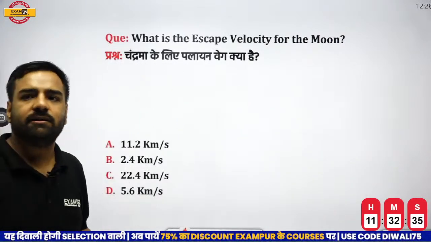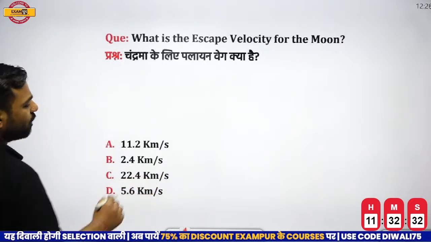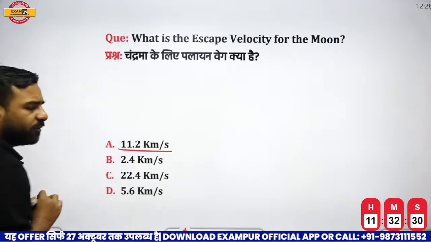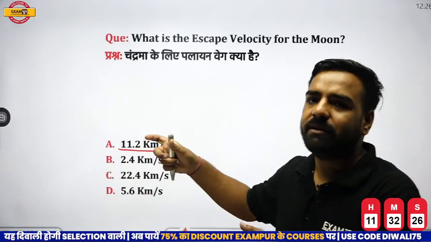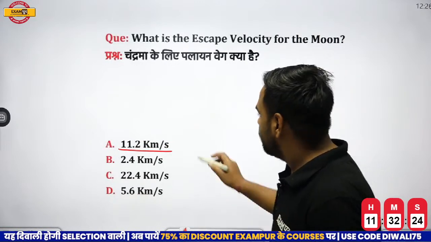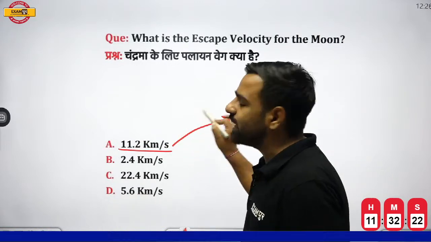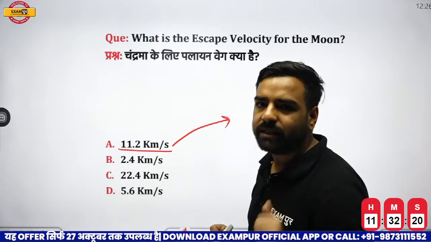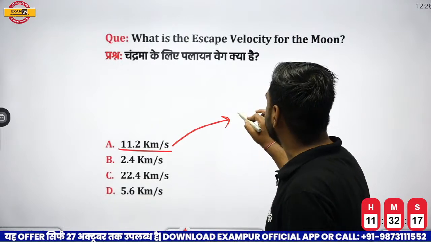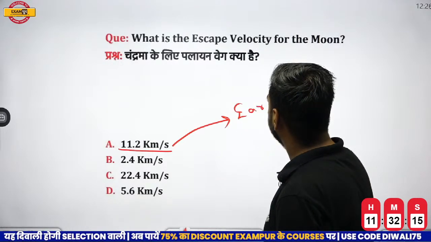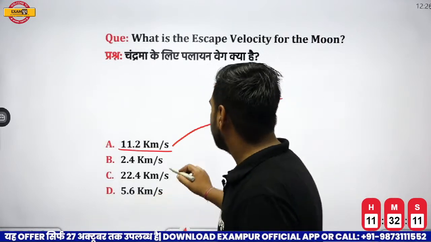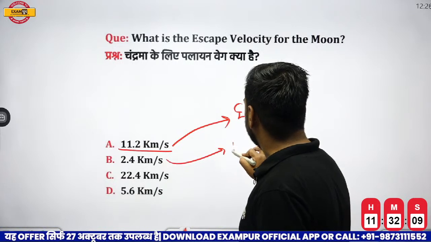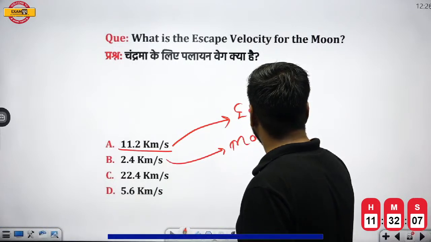When I talk about this 11.2 kilometer per second, I know this question is framed in such a manner that with the first option we'll just take it and go. But it's good that you remember this answer. But this is the escape velocity for the Earth. Okay, Jagdishan, Vikramaditya, great. So the escape velocity for the Moon is 2.4 kilometer per second.